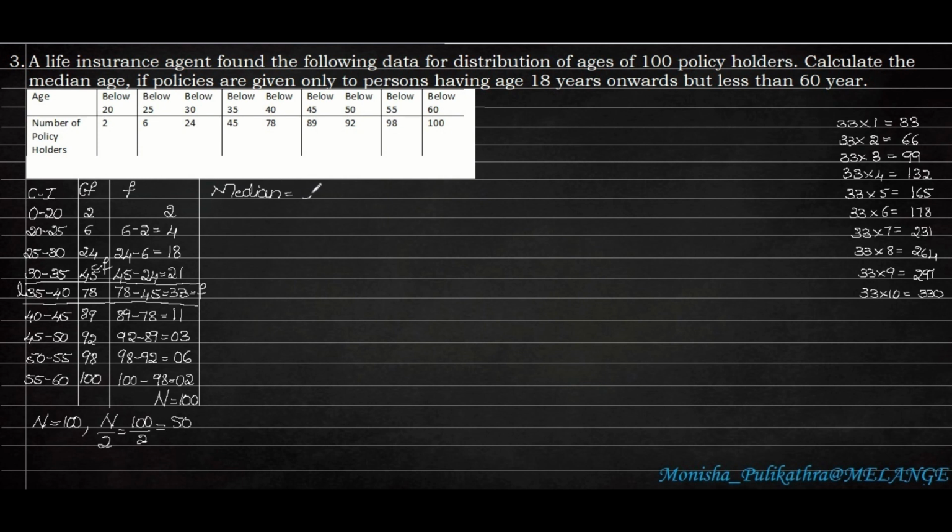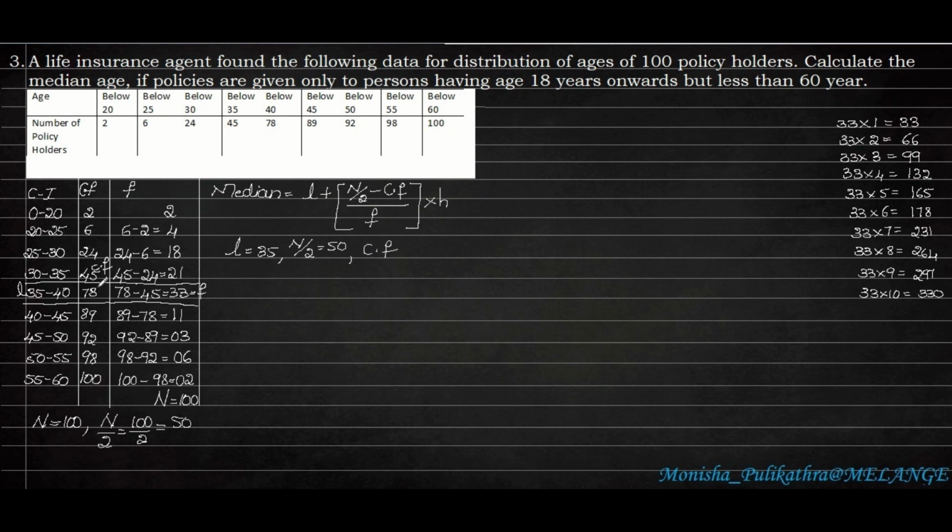Median is equal to L plus n by 2 minus CF, that is cumulative frequency, divided by F into H. Okay. So here the class interval we have selected is 35 to 40, where the lower limit is 35. N by 2 we have already found out, that is 50.